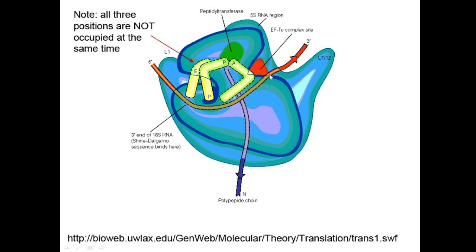Movement of the polypeptide chain from the amino end takes place, going across the channel in the big subunit, and movement of messenger RNA from 5' end to 3' end.